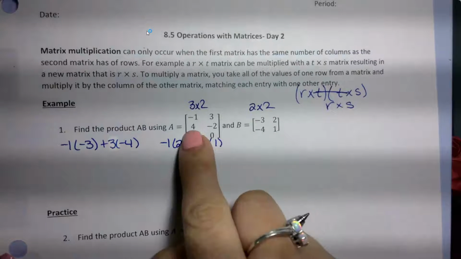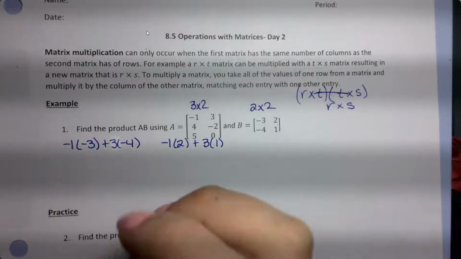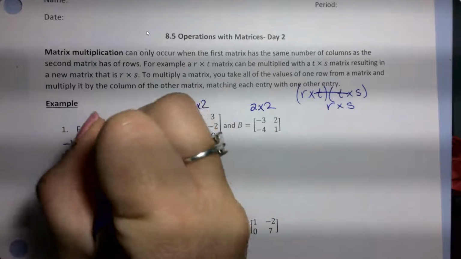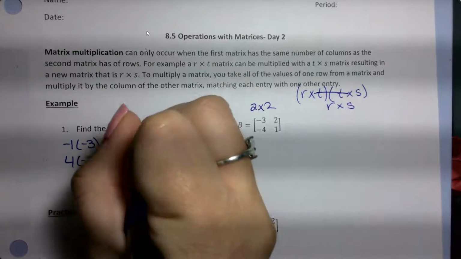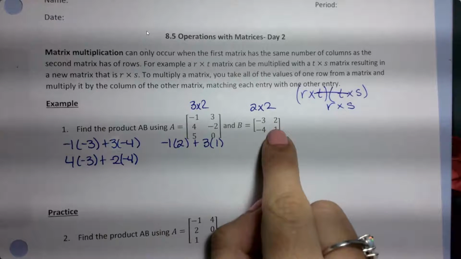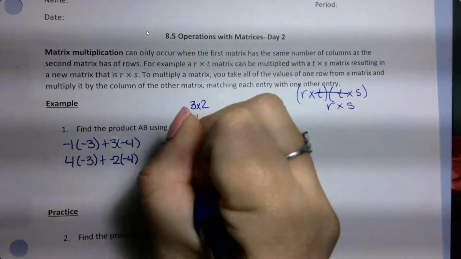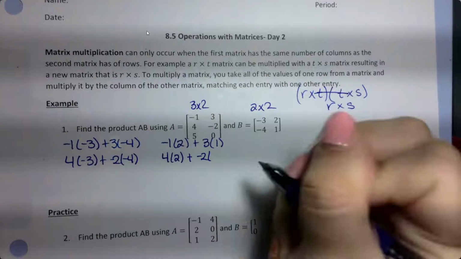Now I'm going to move on to my second row, first column. I'm going to have 4 times -3 plus -2 times -4. Then I'm going to take my second row times my second column. I'm going to have 4 times 2 plus -2 times 1.